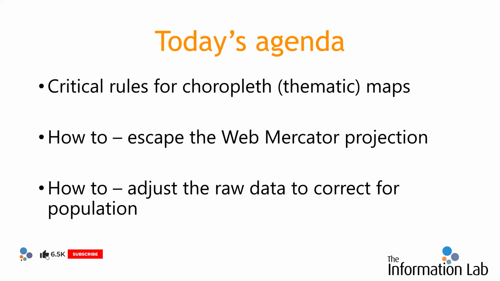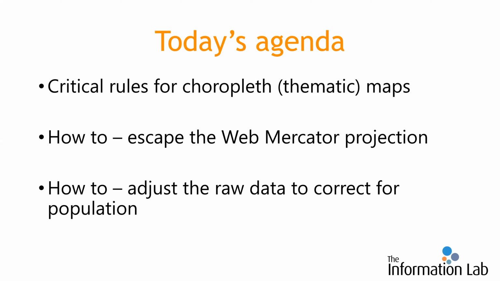Now today we're looking purely at a single mapping technique called choropleth or thematic mapping. And while many choices made in map design are aesthetic, there are a couple of absolutely critical rules that we must follow for any choropleth map that includes population data. We must use something called an equal area projection, not a web mercator projection.